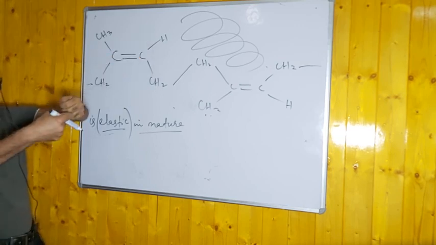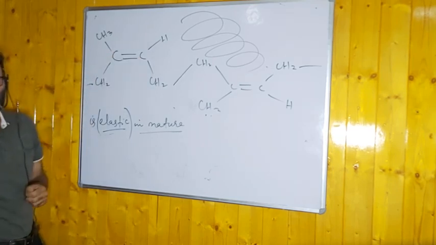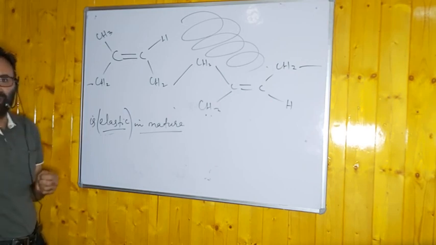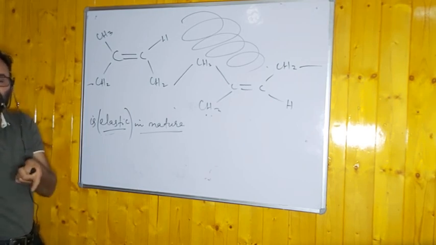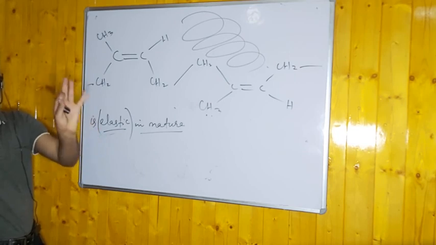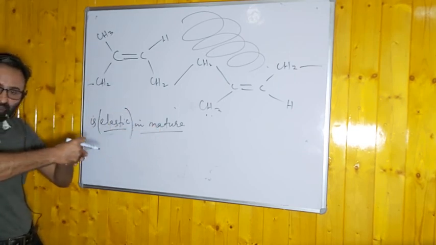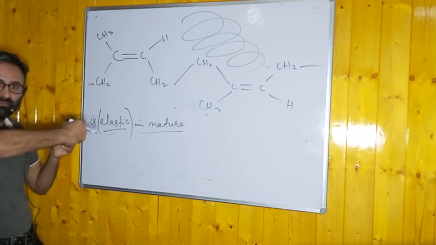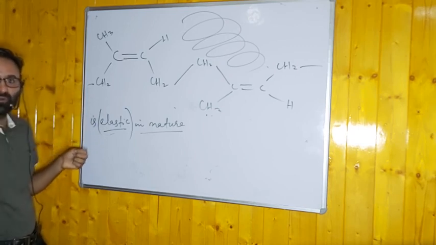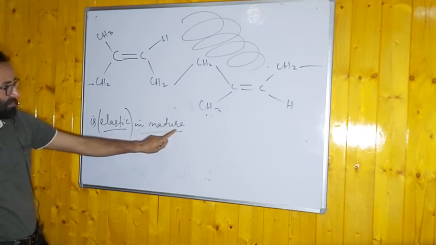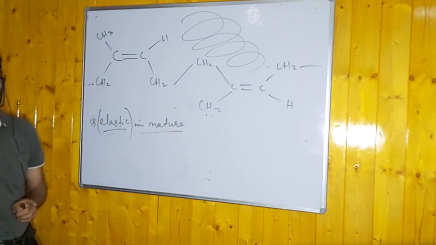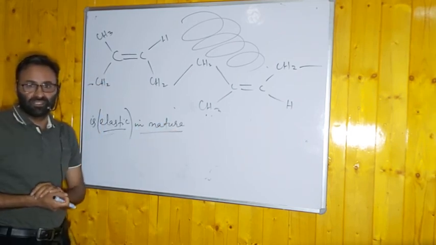Hence, gutta-percha cannot be stretched a lot, cannot be stretched to a greater extent. In other words, you can say gutta-percha is non-elastic in nature. Natural rubber is elastic because of its highly coiled structure. It can be stretched by applying force, but on the other hand, gutta-percha is non-elastic in nature because it cannot be stretched to a greater extent.